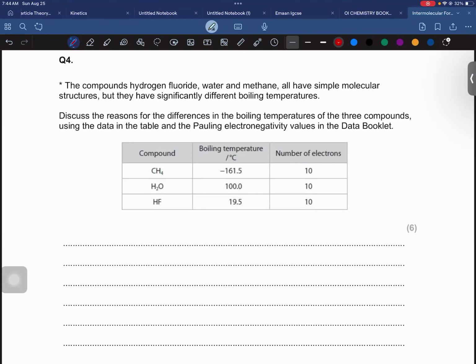First of all, you have to consider this. So if you can see, CH4 is totally non-polar. The rest are polar.